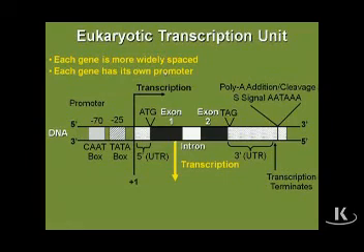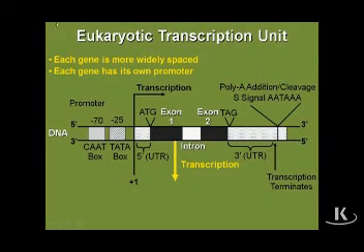Just a minute ago, we spoke about polycistronic messages, and that more than one gene could be encoded on a single messenger RNA molecule. And all those genes would be encoded from the same promoter. That's not the case for eukaryotes. In eukaryotes, each gene has to have its own promoter. In other words, no polycistronic messages in eukaryotes.